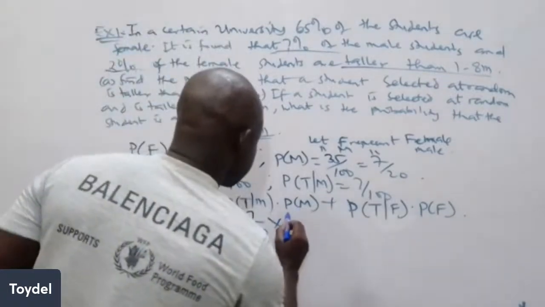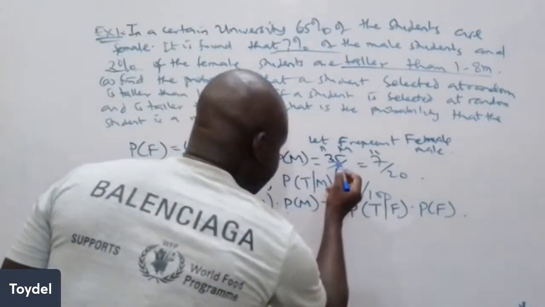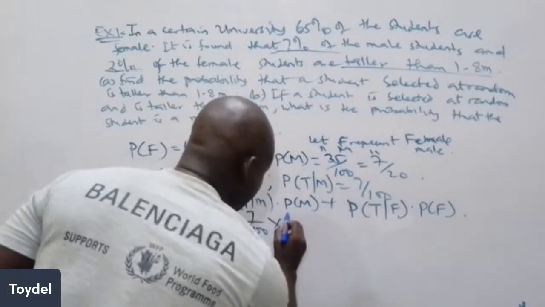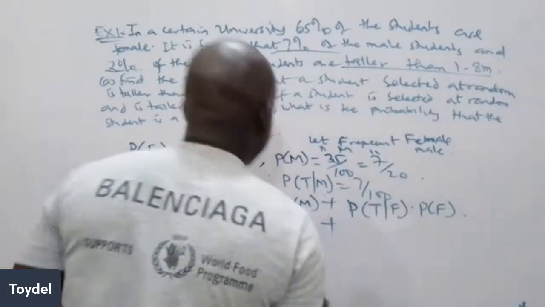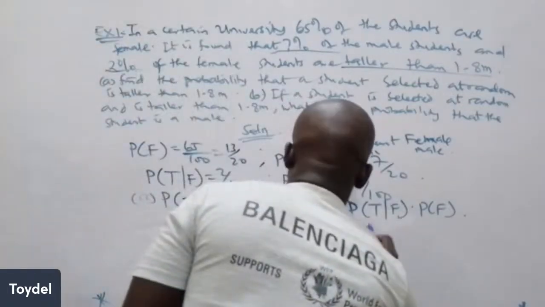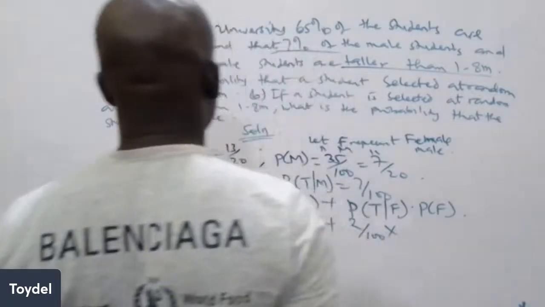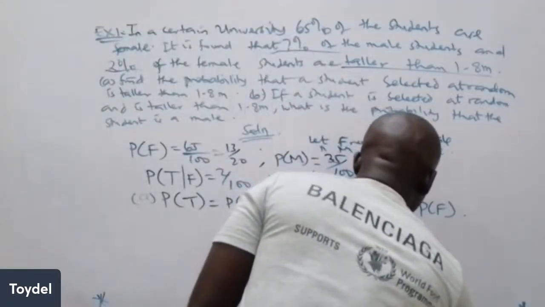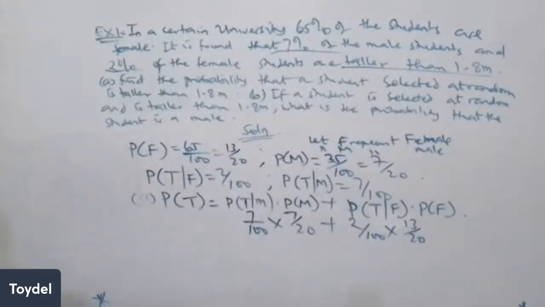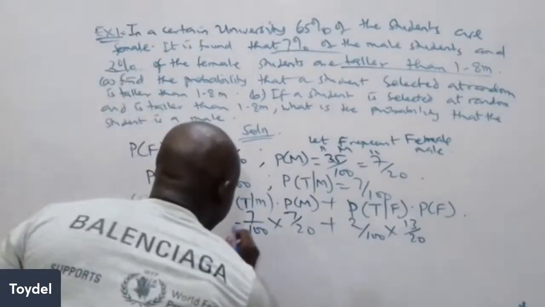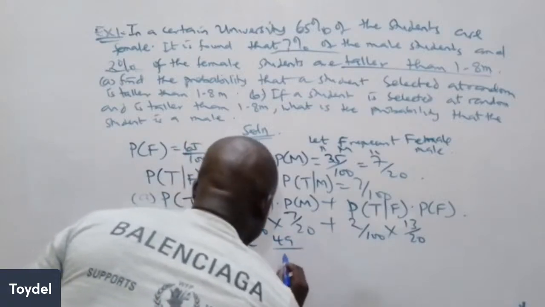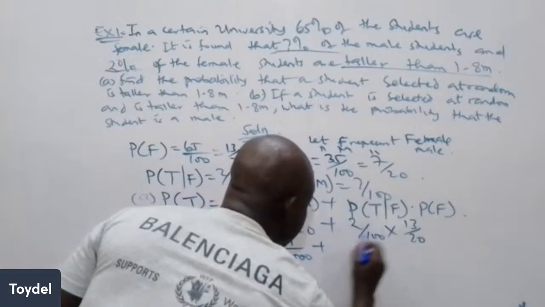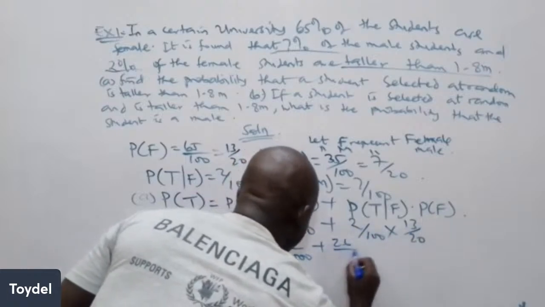Male is 35 over 100, or we can say 7 over 20, plus the probability of T given F, which is 2 over 100, multiplied by the probability of female, 13 over 20. Then if we do our cancellation correctly, we are going to have 49 over 2000 plus 2 times 13 is 26 over 2000.